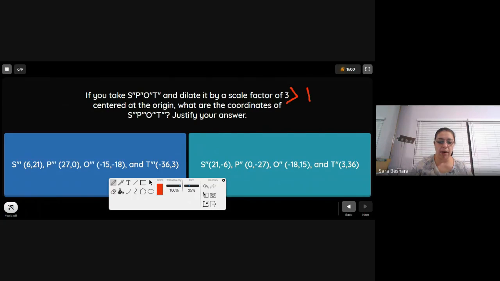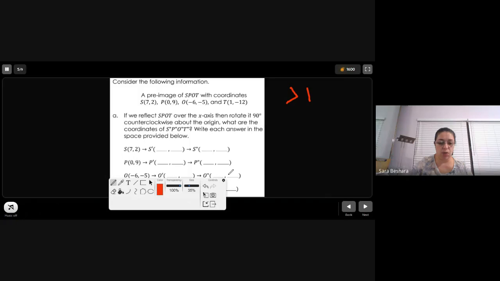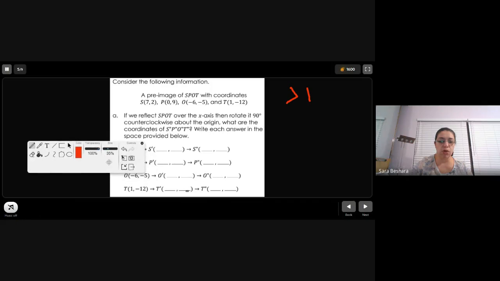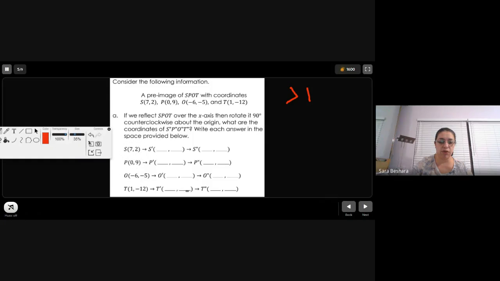Which one do I dilate: original, first prime, double prime? We have to dilate the double prime, because the question is asking for triple prime.